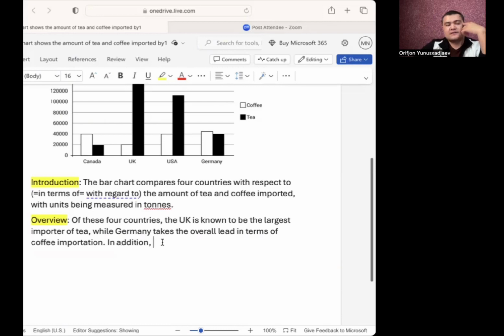So I will write something that is not going to repeat these two expressions, right? Yeah, you're probably thinking about what I'm thinking about now. I'm planning to write the word respectively, but I have to find a way to add it here. So in addition, and here the importer, all right, so tea is coming first.